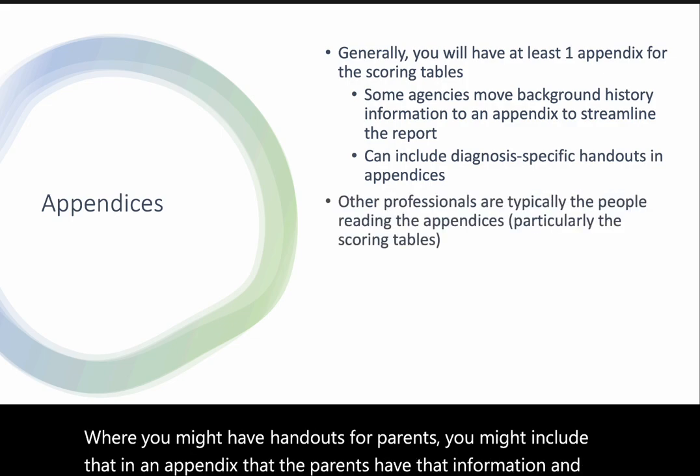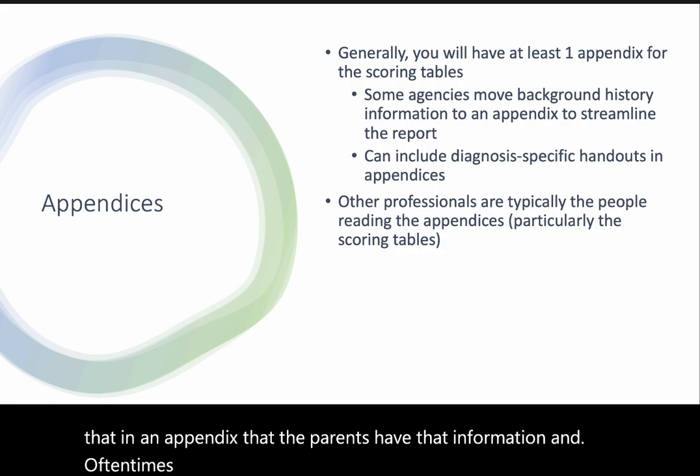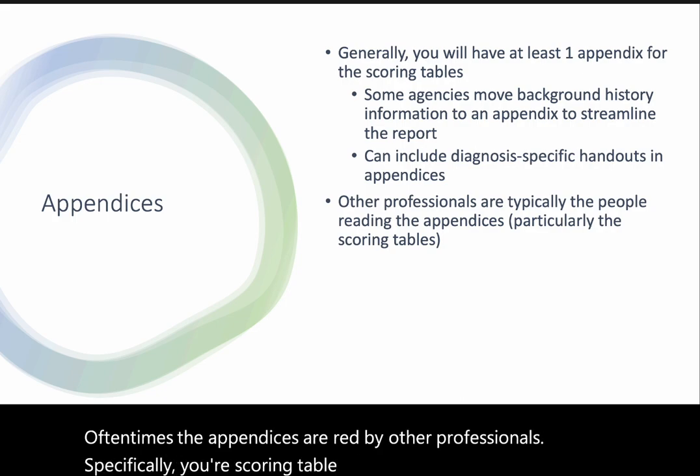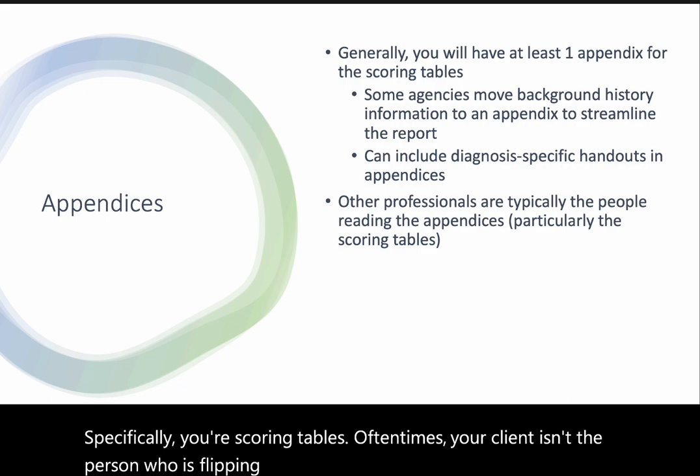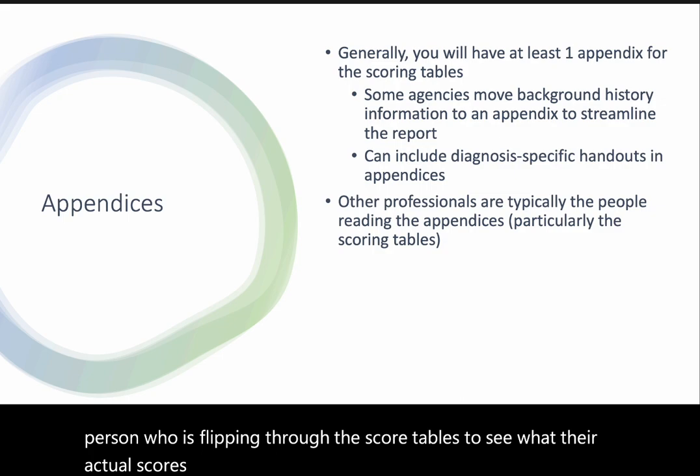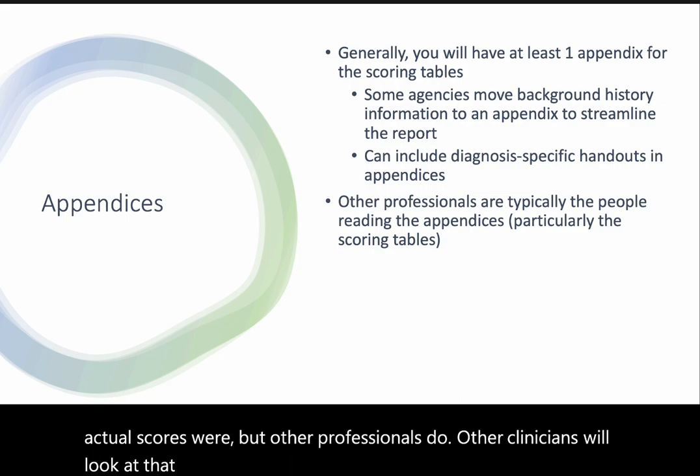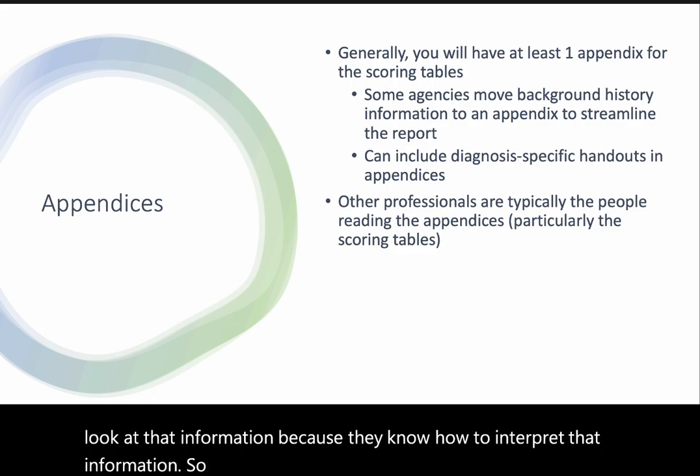And oftentimes the appendices are read by other professionals, specifically your scoring tables. Oftentimes your client isn't the person who is flipping through the score tables to see what their actual scores were, but other professionals do. Other clinicians will look at that information because they know how to interpret that information. So keep that in mind as you're writing that section.